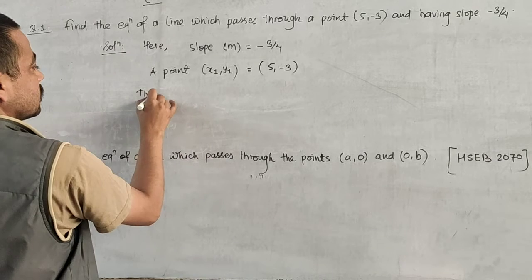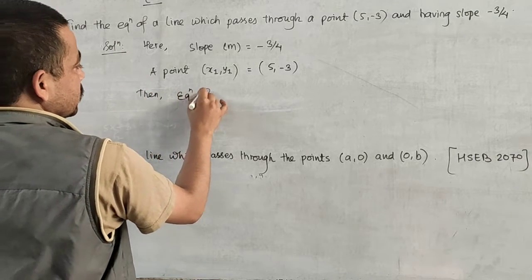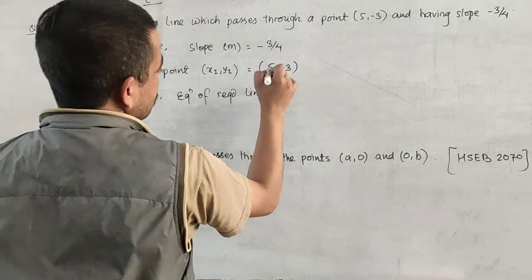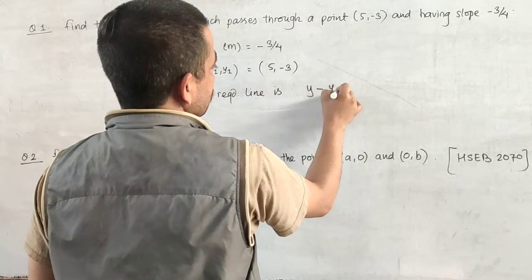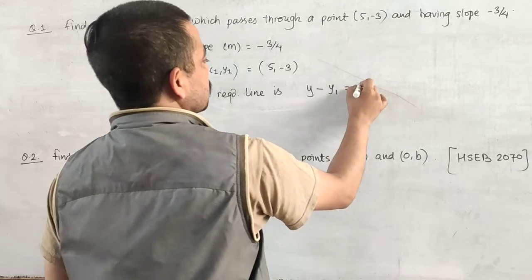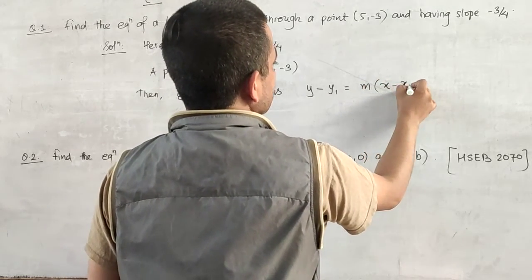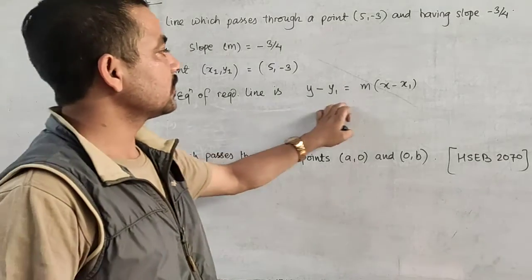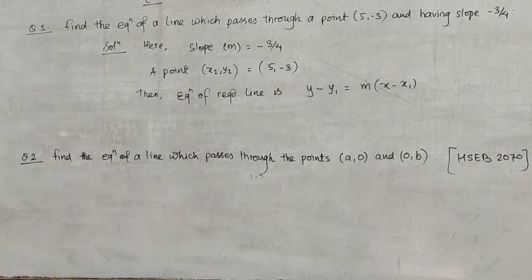Then the equation of the required line is y minus y1 equals slope times x minus x1. It will be in that slope point form. This form is very much important.